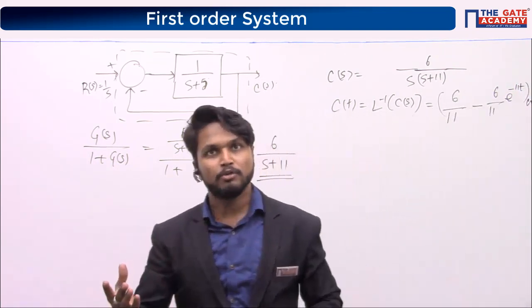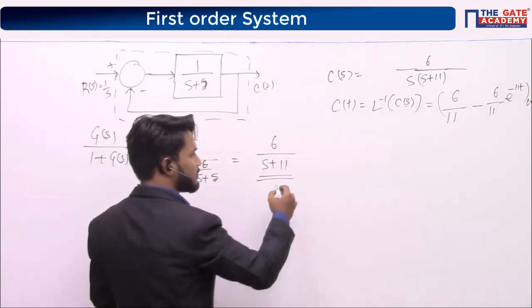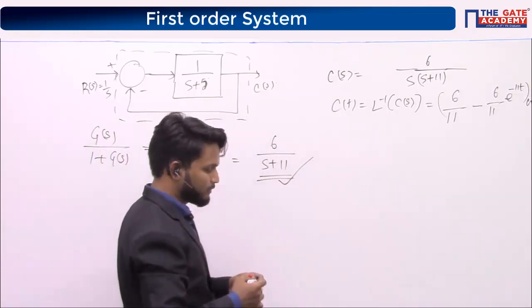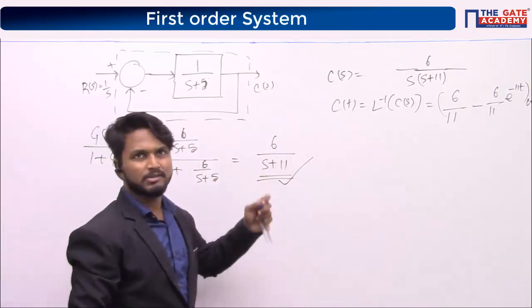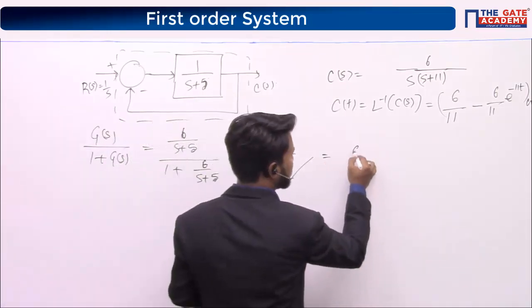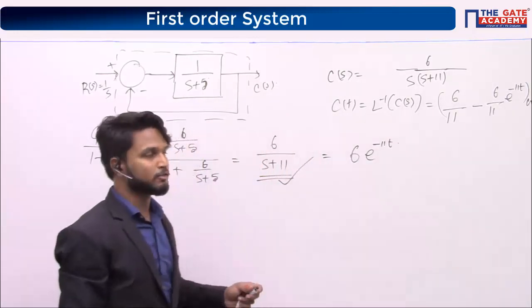So this is one approach, and one more approach is this. Once you get the overall transfer function of the system, what is the impulse response? Impulse response is 6 e power minus 11t, yes or no?